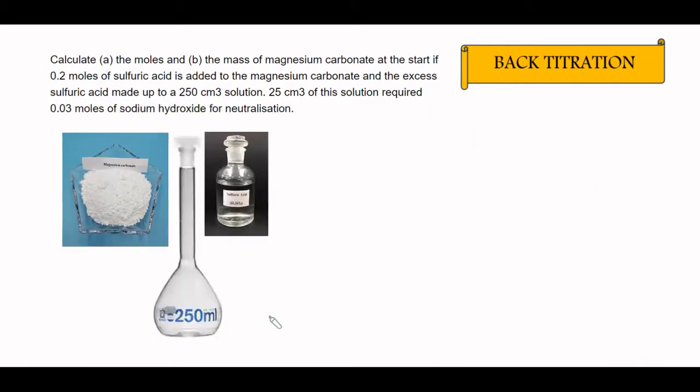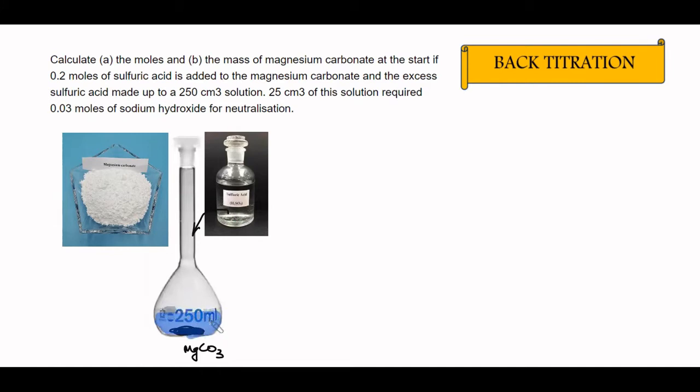So we can imagine that some amount of magnesium carbonate is taken into this standard flask. We don't know how much it is. To that, we will be adding sulfuric acid, some amount.